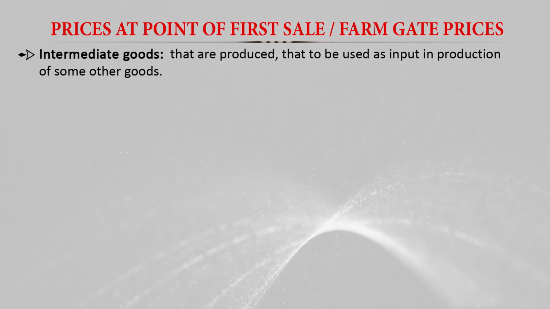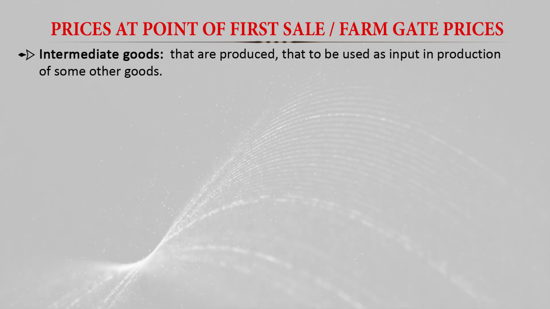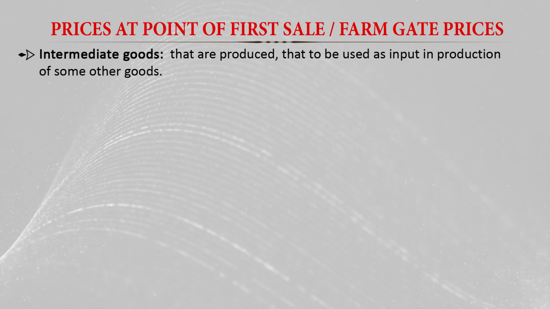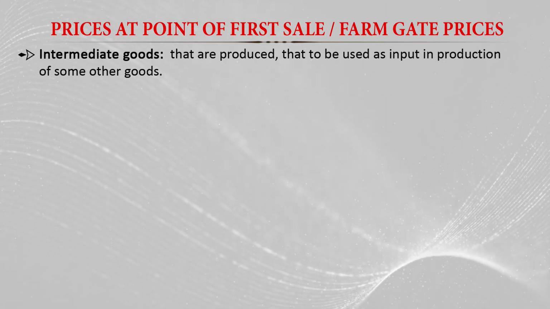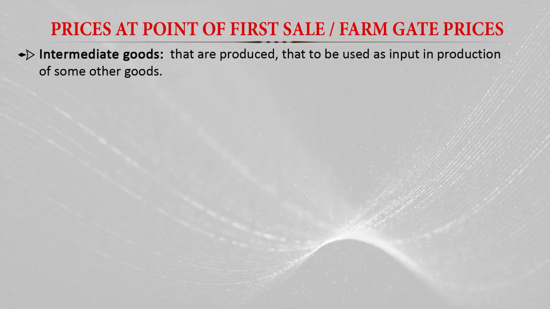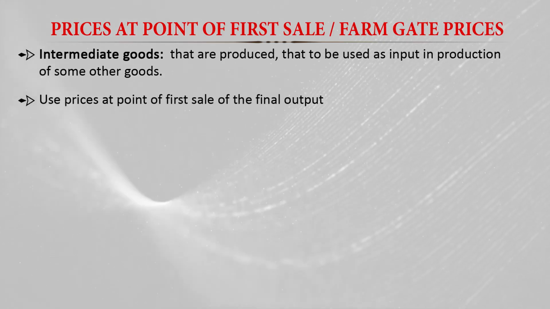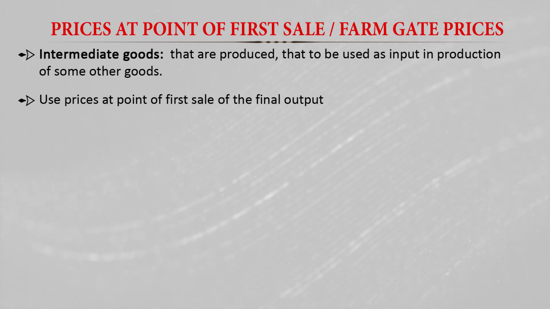When we produce fodder, this fodder is used to feed the animals for milk production. So here fodder is basically an intermediate good. And for the pricing or valuation of this intermediate good, we should use the prices at the point of first sale of the final output.